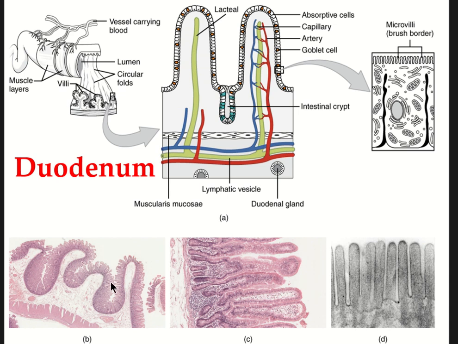Now, you cannot see a microvillus on a magnification like this. Okay, you can only see it when you go super, super, super up close. Okay, so if you're given a slide like this, you're not going to expect to see a microvillus. So, if they're pointing to one of these and asking you what it is, do not put microvillus.